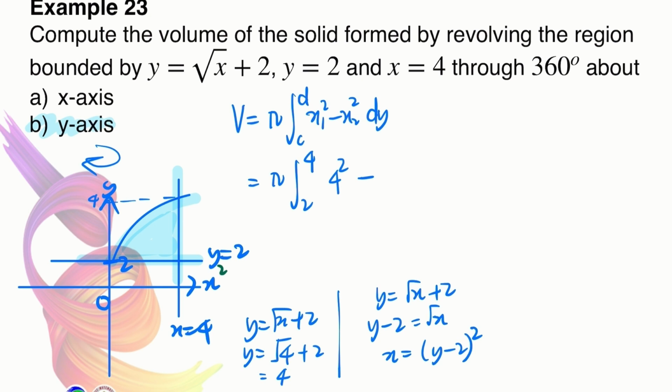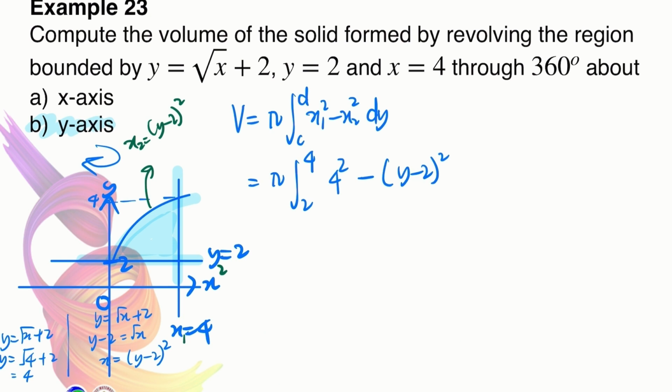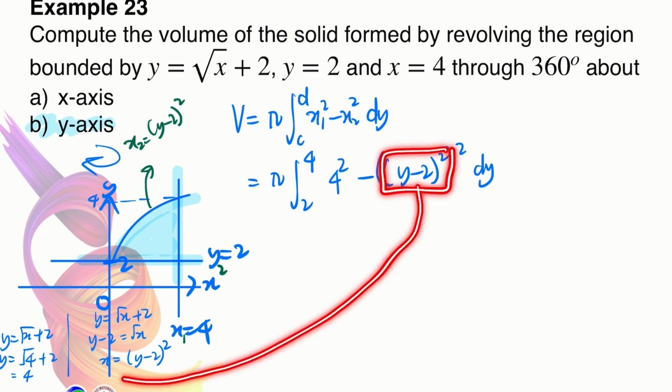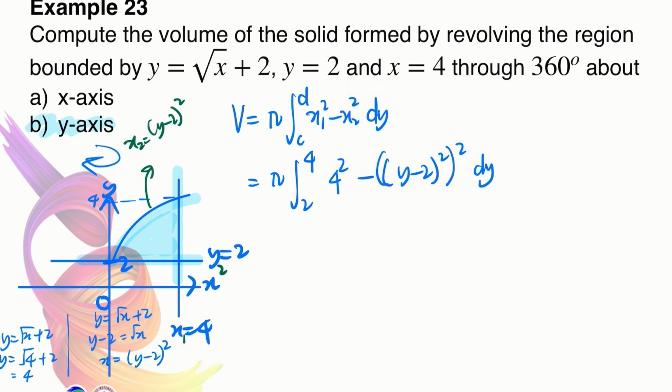Again, this is your x1, and your x2 is y minus 2 to the power of 2, and don't forget there is a square here. Okay, let's check. Here is your x2, and here is the square. Alright, now let's expand, simplify, and integrate.